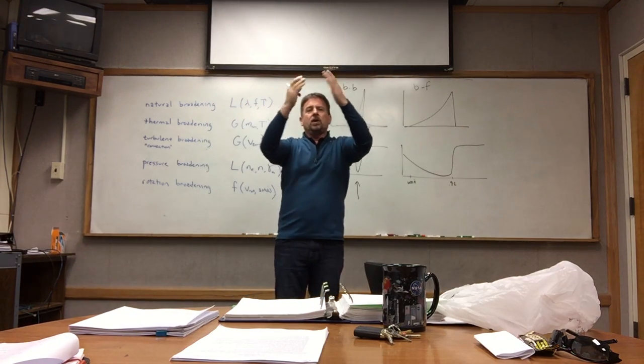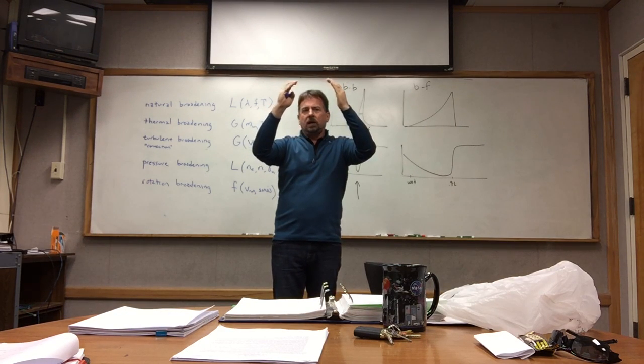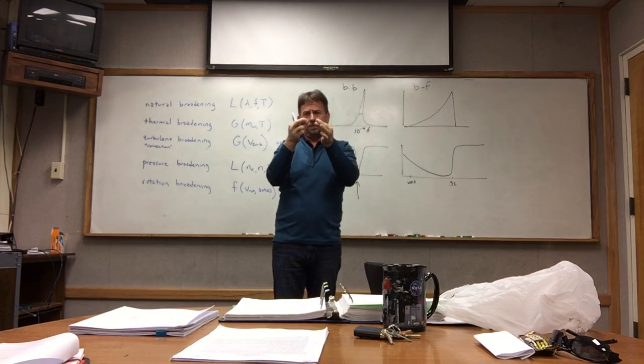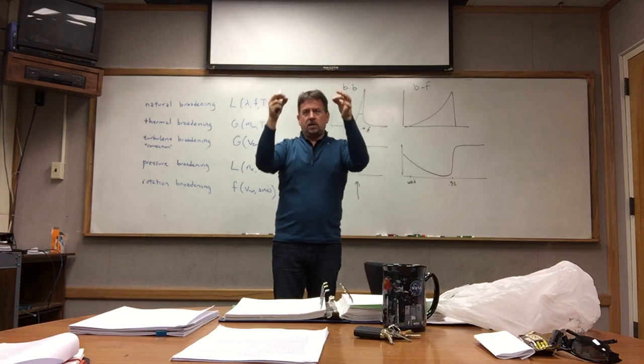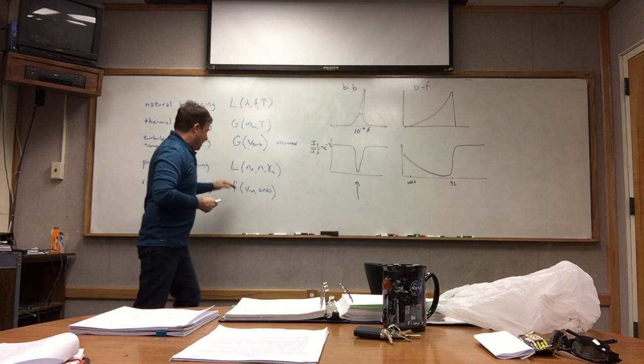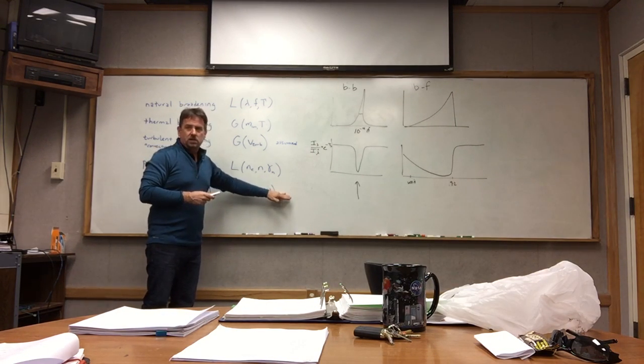But if you include limb darkening, everybody's heard of that? Okay, the fact that when you look at the edges of the limb, you're actually seeing cooler layers, and so it's not as bright, not emitting as many photons as intensity. So if you include limb darkening, then there's some additional functional forms here.